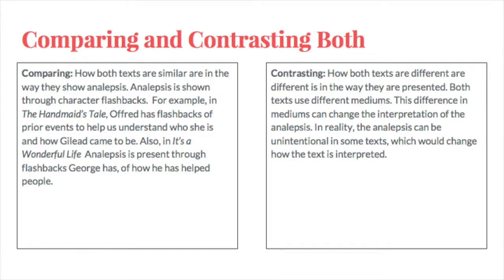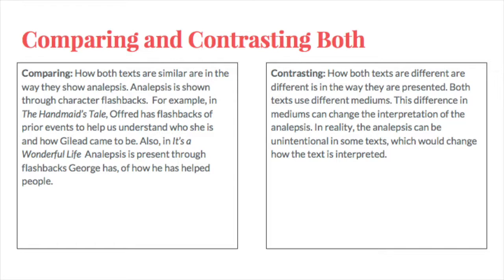Now, in comparing and contrasting both texts, how both texts are similar is in the way that they show analepses, which is shown through the character's flashbacks. So all flashbacks are connected back to one specific character or a few characters. In The Handmaid's Tale, all the flashbacks are from Offred, and they show prior events to help understand who she is and how Gilead has come to be in comparison to how Gilead was in the past, or before Gilead came to be.